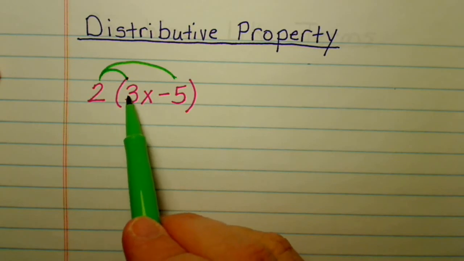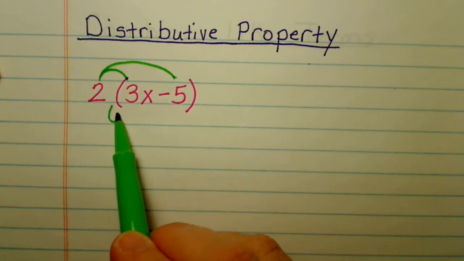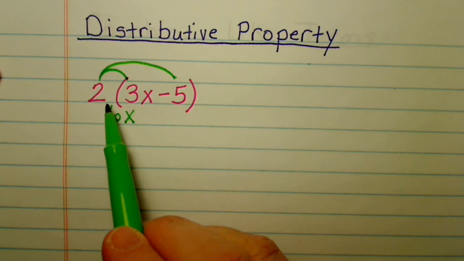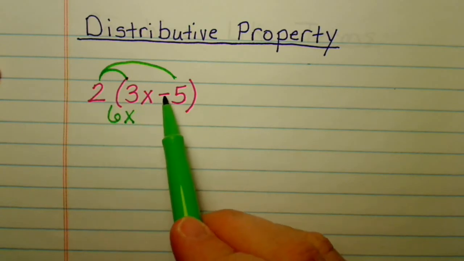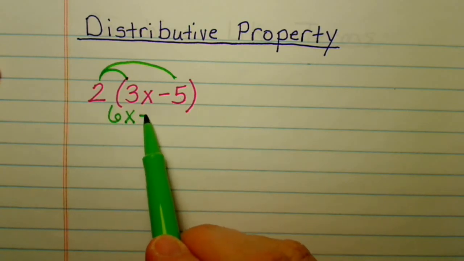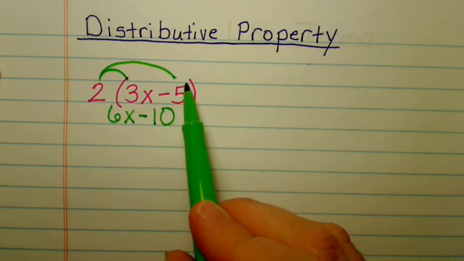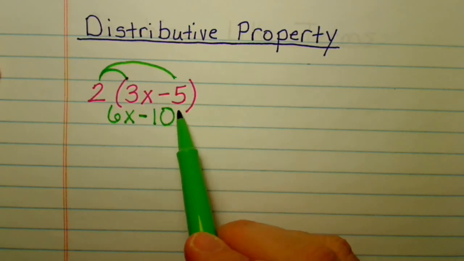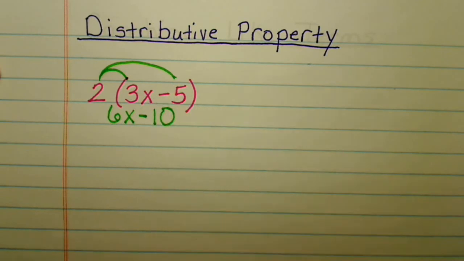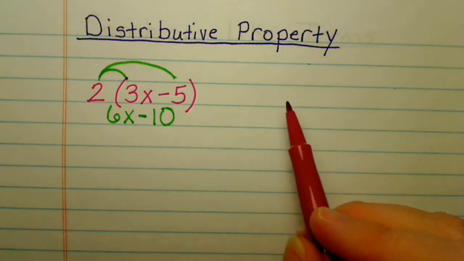So 2 times 3x gives you 6x, and then 2 times a minus 5 gives you a minus 10. Be sure and always look at the sign in front of the number, and then you need to follow that operation.